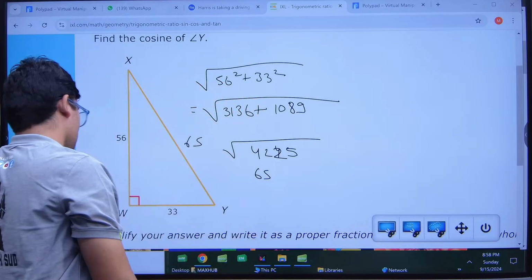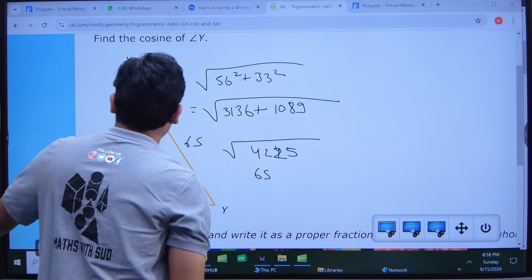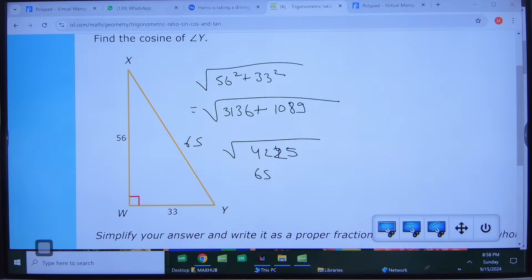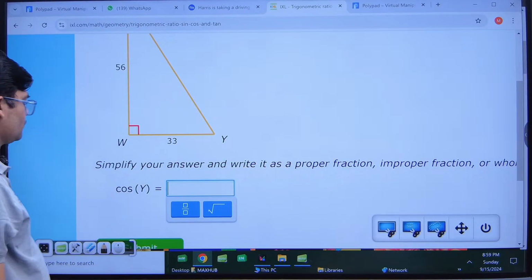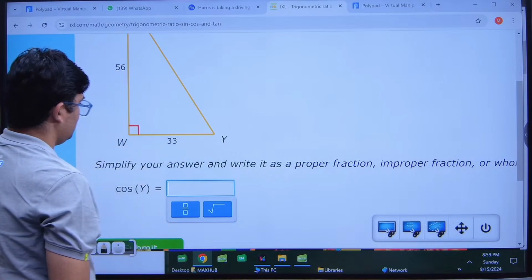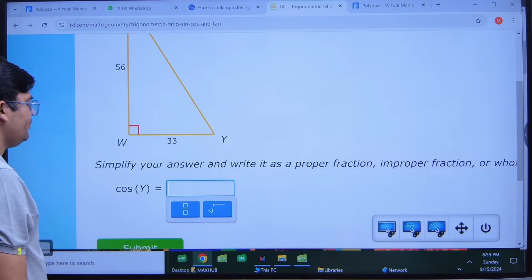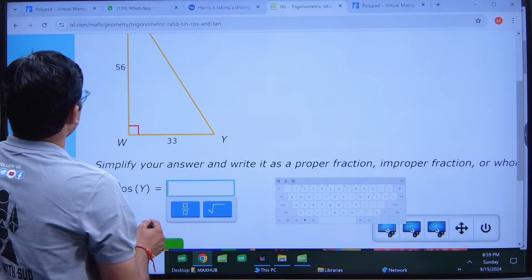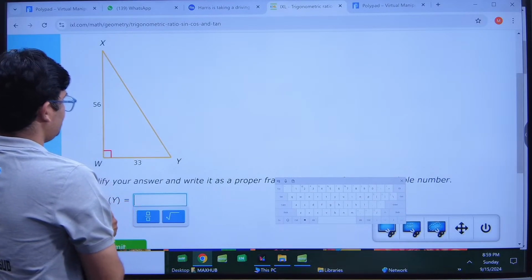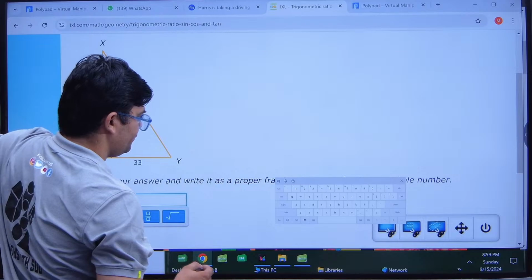Okay, this is 65. Now we have to find the cosine of Y. Cosine is base by hypotenuse, so 33 by 65.